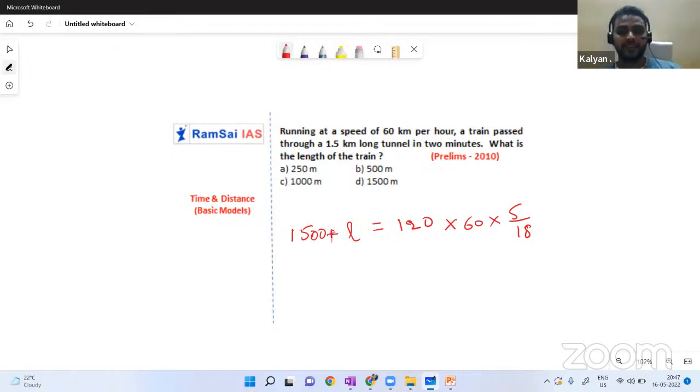Hope it is clear for you. The equation: 1500 meters long tunnel plus length of train is equal to 120 seconds, 2 minutes means 120 seconds only, into speed 60 into 5 by 18. I just converted the units. Then tell me what is the total value. So just go with this. 6 threes, 6 tens.